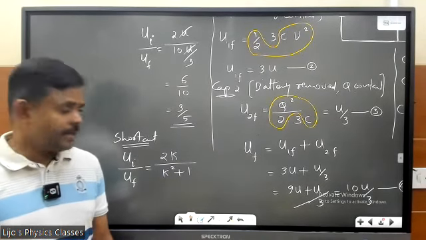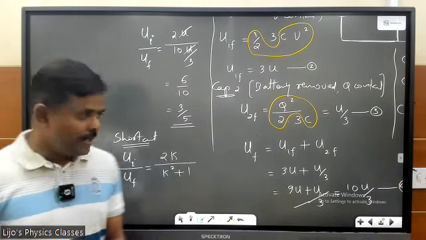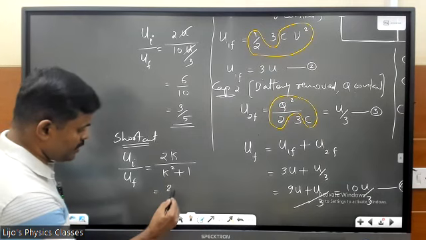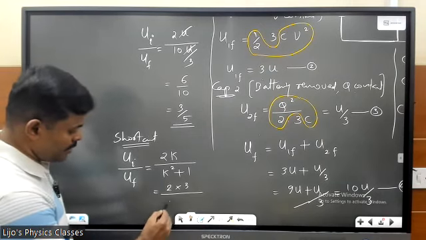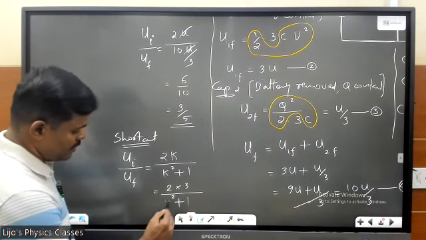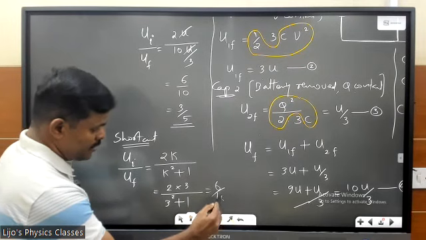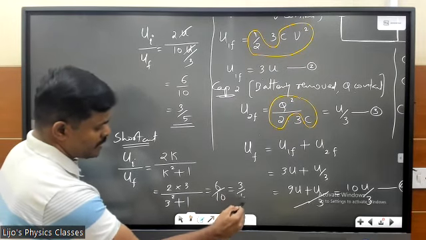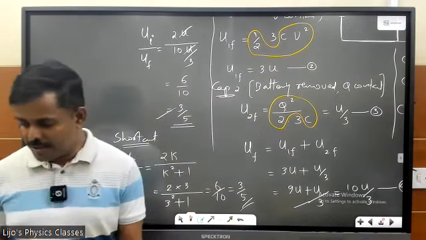K is another letter used for epsilon R, dielectric constant. In this question, K value is 3. They say that in the question. Divided by this is 3 square plus 1. So that's going to give you 6 by 9 plus 1, 10. 6 by 10 is 3 by 5. That is what we got here. Understood this, all of you?